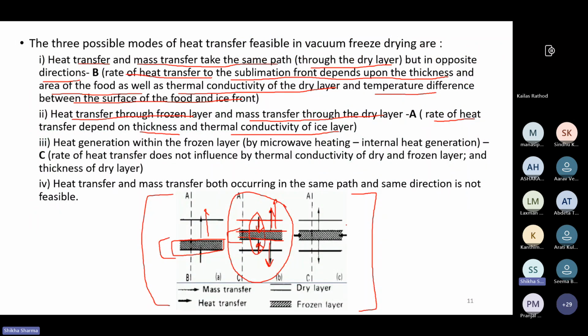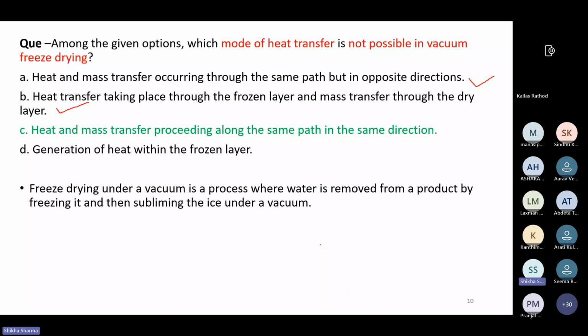And this third picture is telling about microwave heating. So heat generation is happening within the frozen layer. Inside the frozen layer, internal heat is generated. That's why we are saying generation of heat is within the frozen layer. So option 3 is also correct.